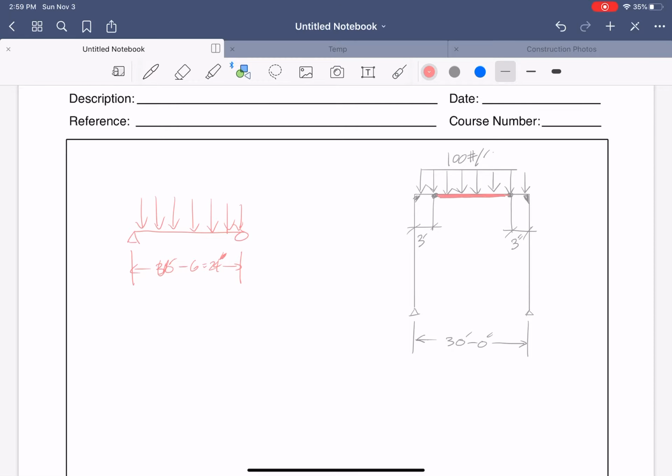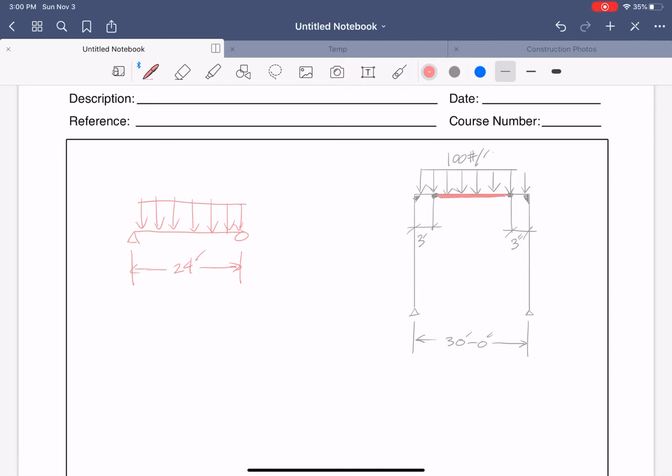So we know that the distance is 24 feet. So all we care is that when we're trying to find the moment is just find what the reaction is.